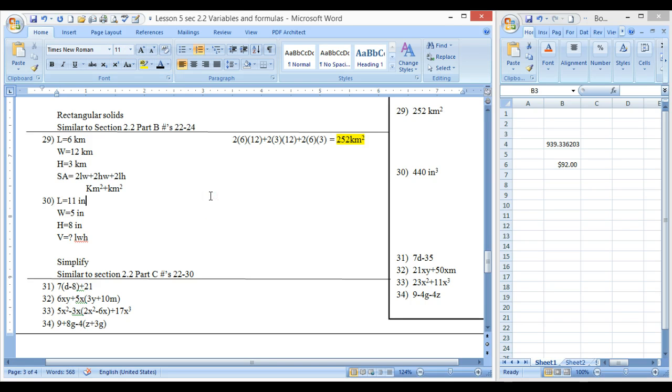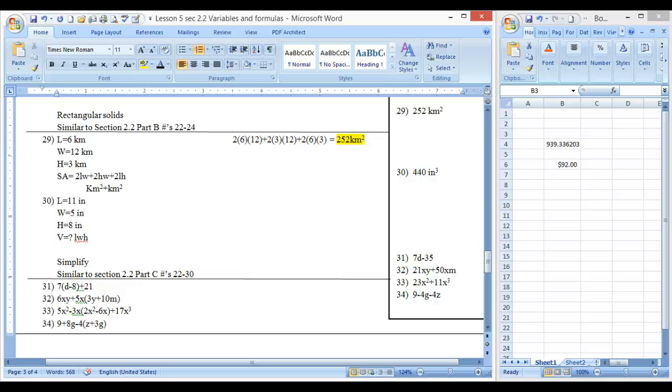Okay, the next one's asking for volume. The volume of a rectangular solid. This is like a box or a cube, and I think most of you are okay with it. In fact, many things talk about the dimensions of length times width times height. So I'm thinking you might not even need to go on your sheet to look at this formula.